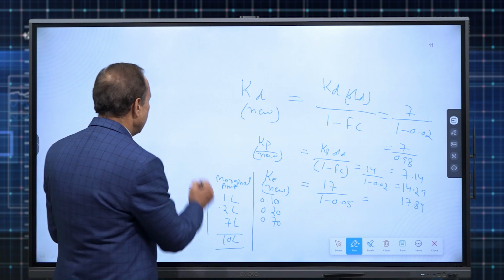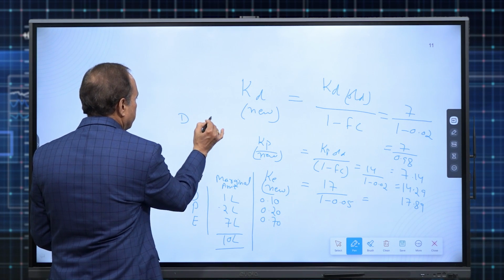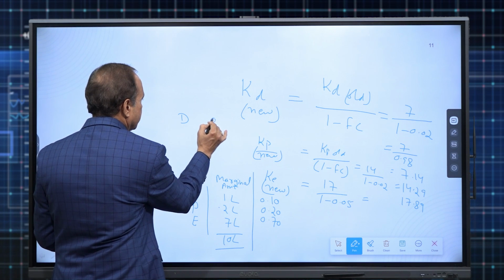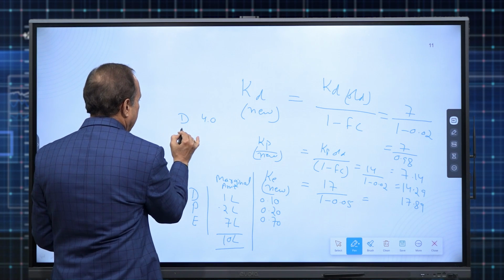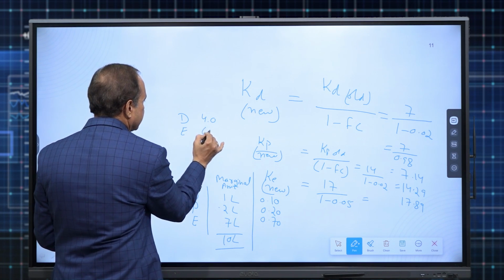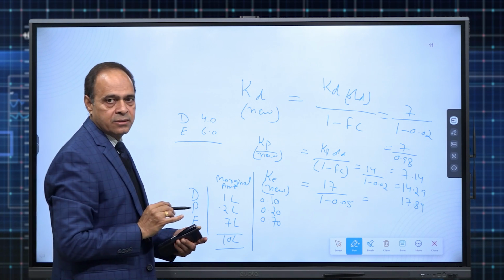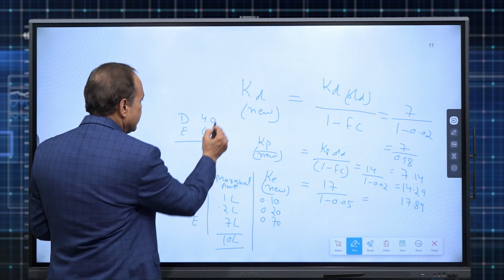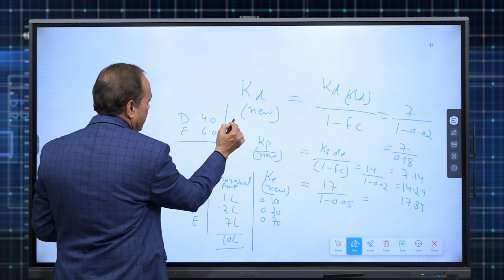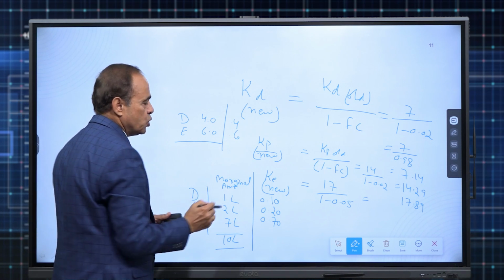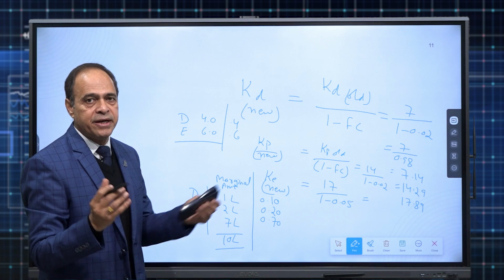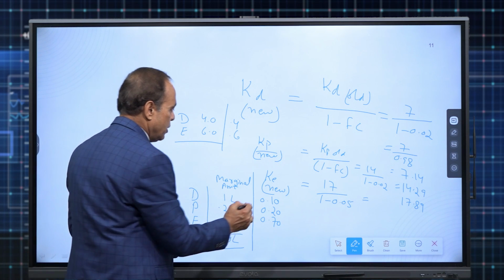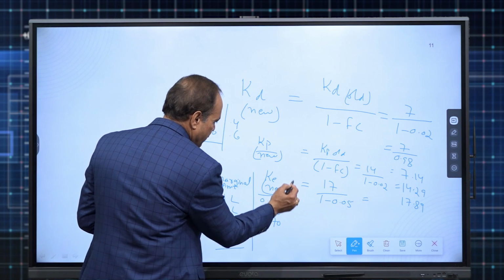If you say out of debt, the company is getting 4 lakh, and out of equity, the company is getting 6 lakhs, that is, new equity will be 6 lakhs and new debt will be 4 lakhs, then what will be the marginal weight? 0.4 and 0.6. So only the mechanism has to be clear to you. Data does not matter. So these are the new weights.